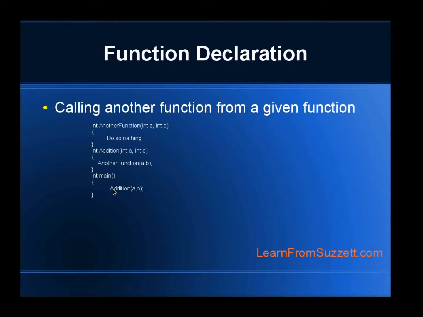So here I have used a and b everywhere just to show you that a and b inside the main function are not the same a and b as in the addition function, and this a and b is also not the same as the one here in another function. This a and b can have different values than this a and b in the addition function and the values in the main function. So here we have called another function(a, b), and we have passed a, b to that another function from the addition function.